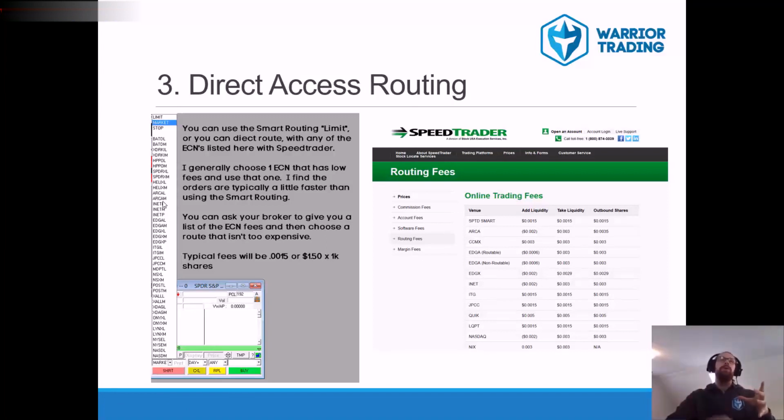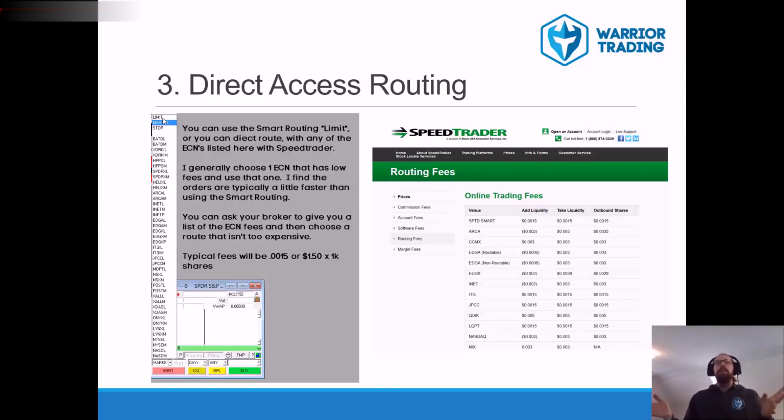Now, most brokers, all brokers actually, have their default limit order right here. A limit order is a smart route, and what it'll do is it'll send your order out to the market, and you don't really know which path it's going to take. It'll get to the island, but you don't really know how. Now, the problem with this is that for me, when I use smart routing, the orders always seem a little bit slower than when I direct route.